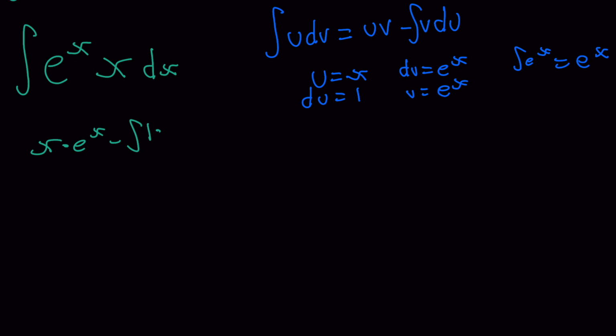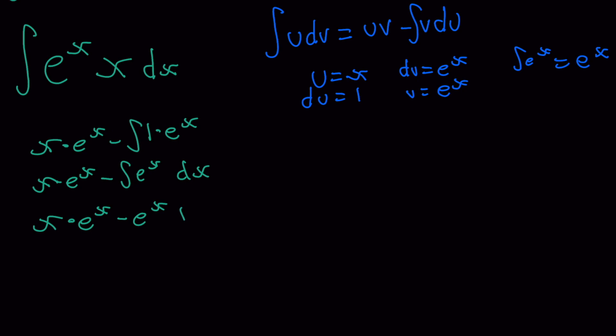Now it's just x times e to the x, subtract the integral of e to the x dx, which is really just x times e to the x subtract e to the x, plus c. That's your answer. This is probably the easiest question there is for integration by parts.